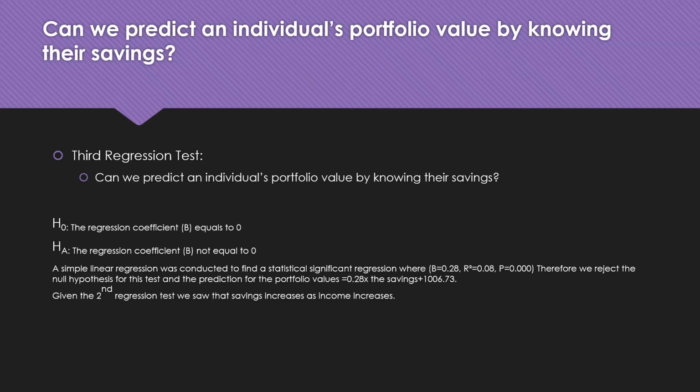The prediction for the portfolio value equals 0.28x times the savings plus 1006.73.